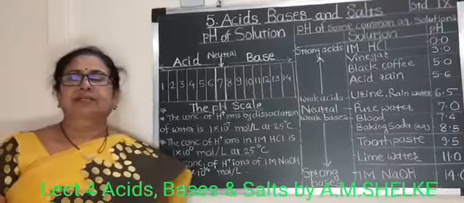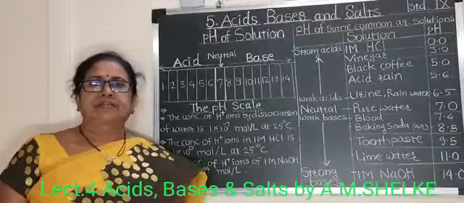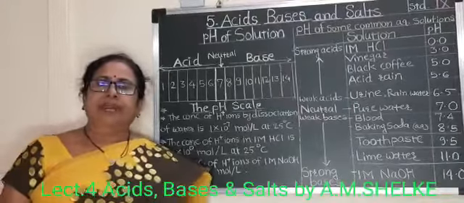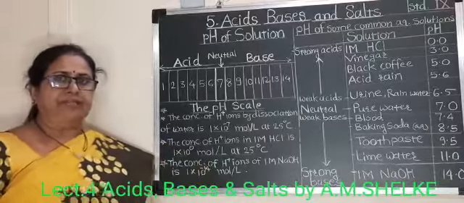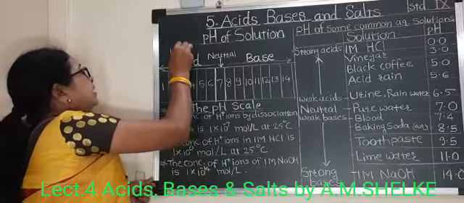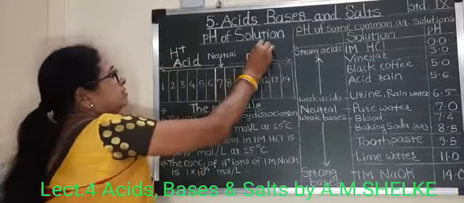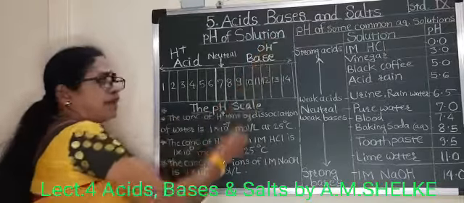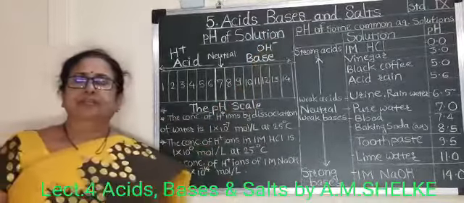We have seen that acids and bases undergo dissociation on dissolving in water and give rise to hydrogen ion as the only cation, and OH, meaning hydroxyl ions, as the only anion.